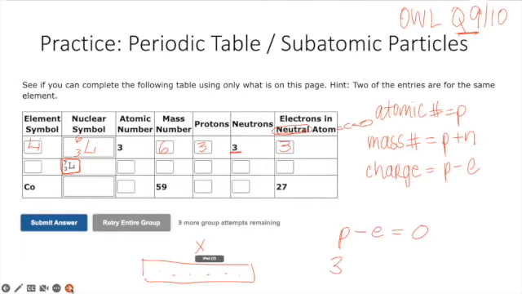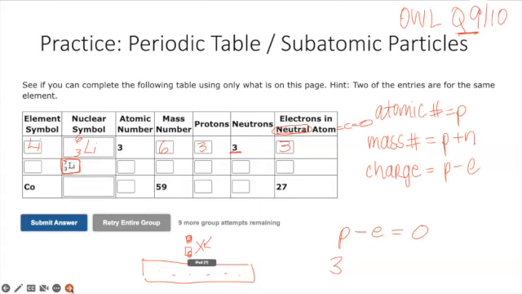Choose the one that says X and then it has a box on top and bottom. When you click that and start typing in Li, that will appear where the X is. And then you have to click in this vicinity to put in 6 and click in this vicinity to put in 3.